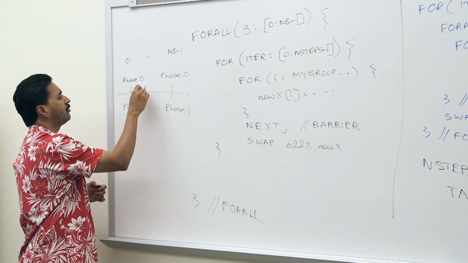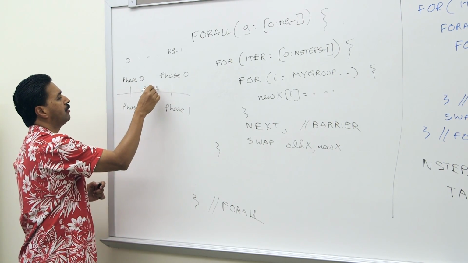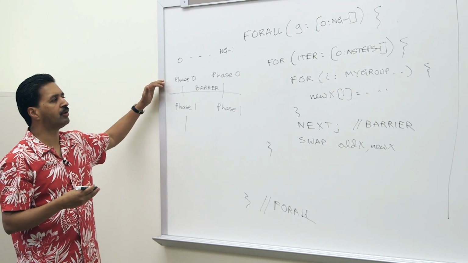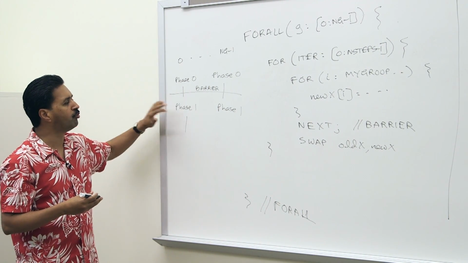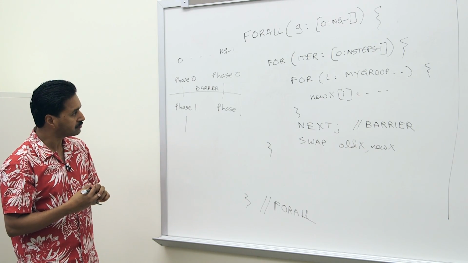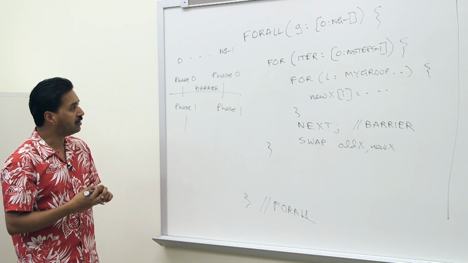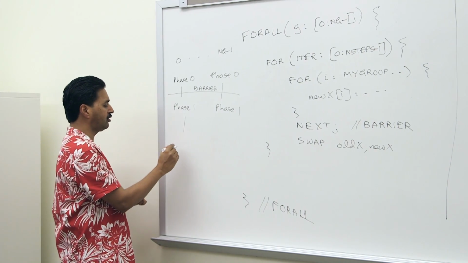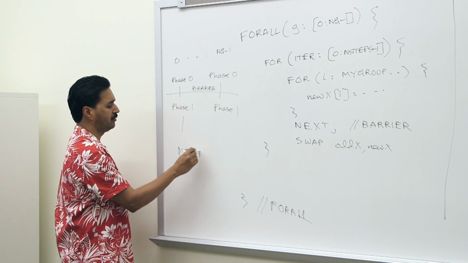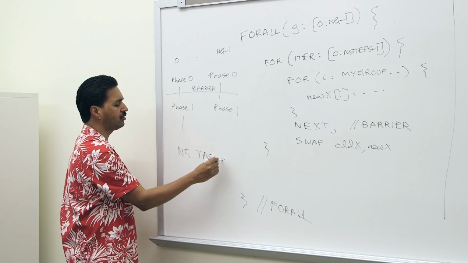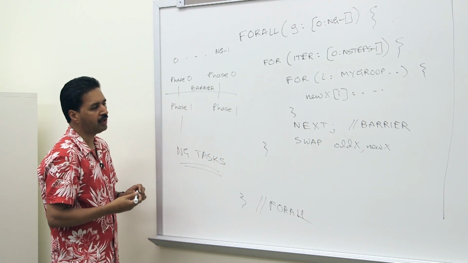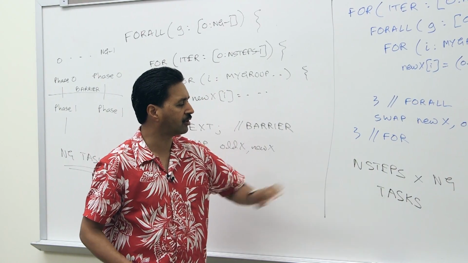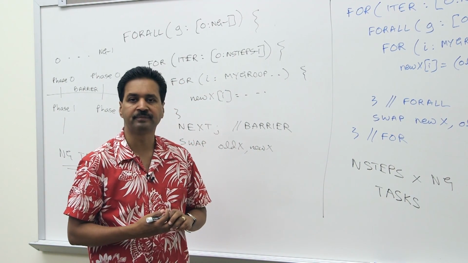And the barrier ensures that each task completes its work for the previous phase or step before moving to the next phase. So with this, the number of tasks that we have is just ng. And we could reduce this to just the number of processors, and we don't have the additional overhead of the nsteps factor as we saw over here.